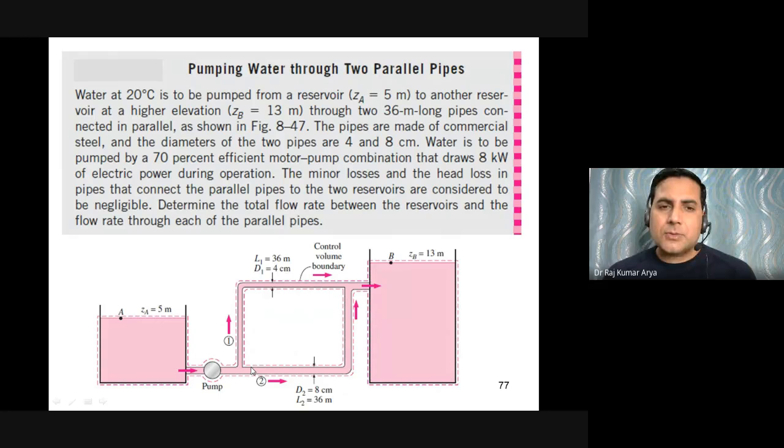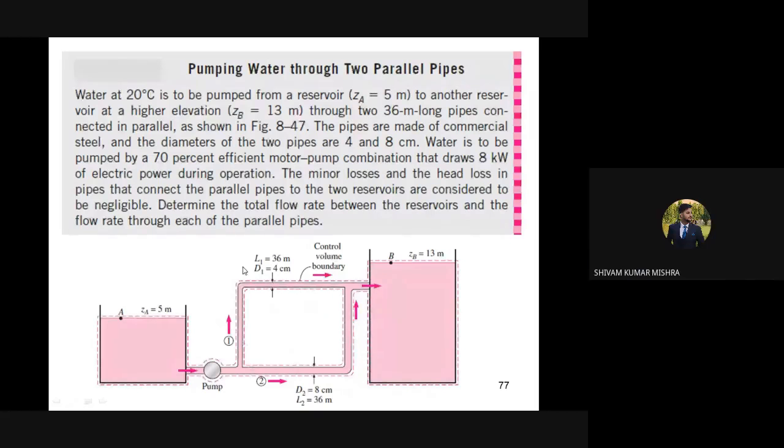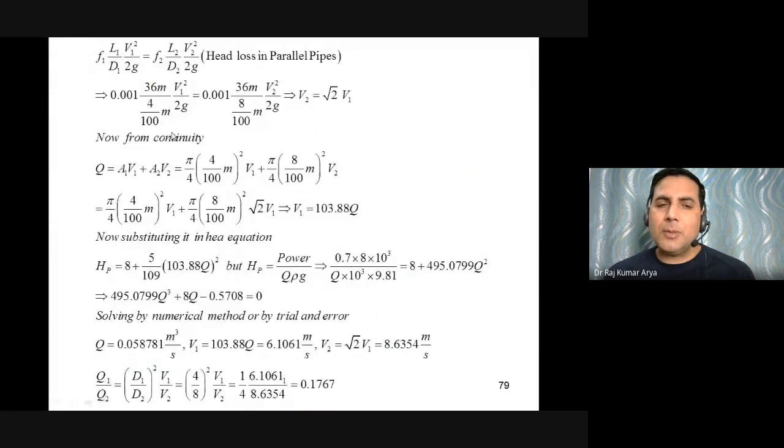So that we want to do now from continuity, which is your mass balance. Because if you put the density on both sides, you will get the continuity. So in this case, A1 V1 of pipe 1 and A2 V2 of pipe 2, add them up, you will get the total flow rate coming out from the pump.